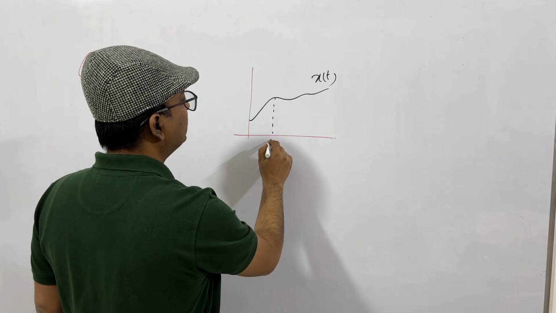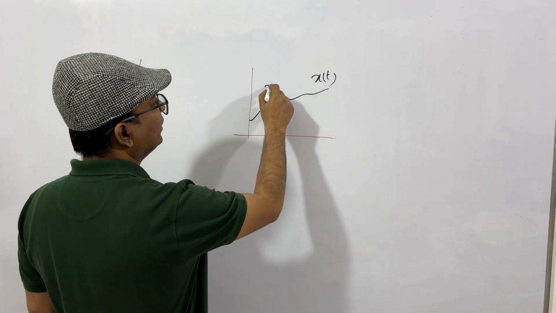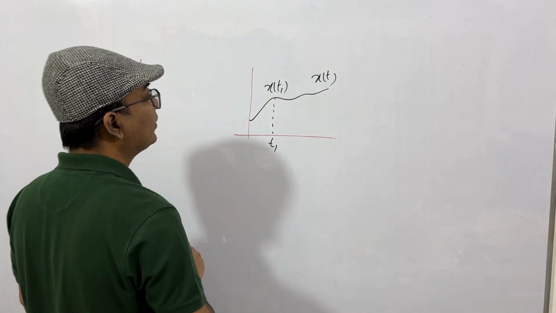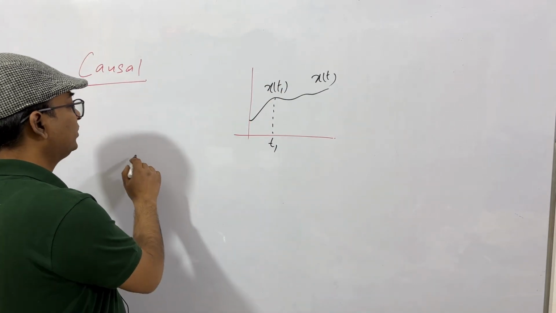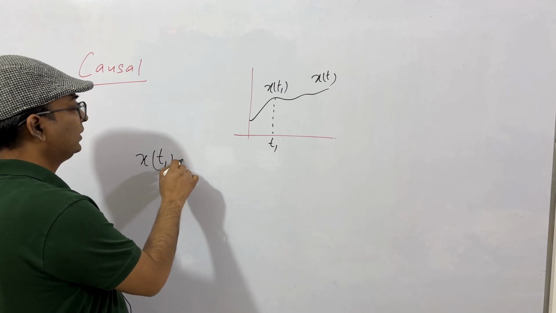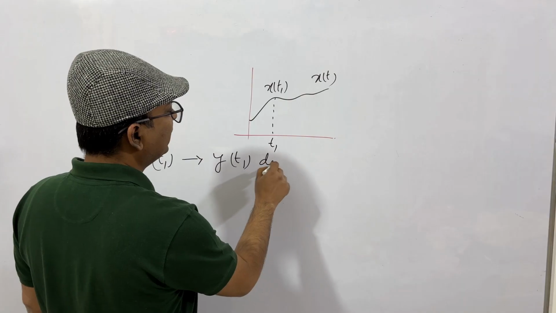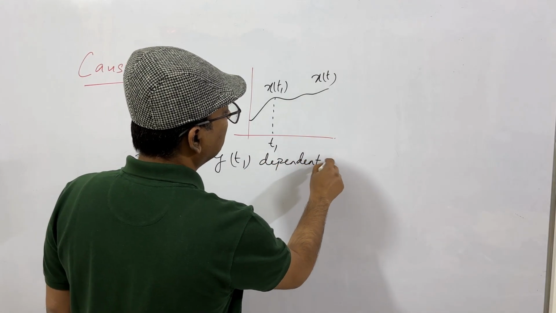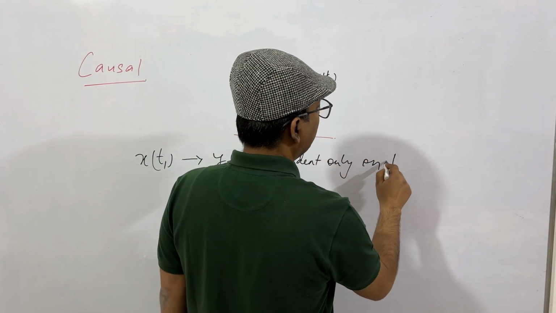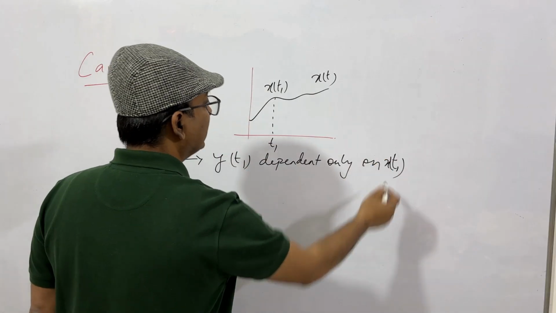At t equal to t1, let's say the value is x(t1). So a memoryless system means when you are talking of x at t1, the output is dependent only on x(t1), not any other value.